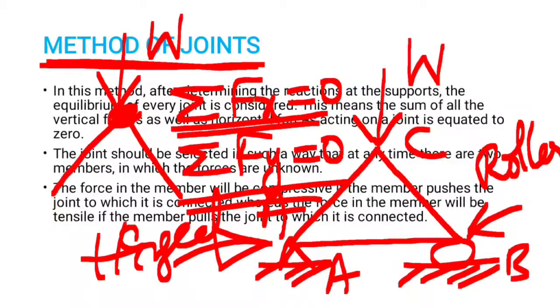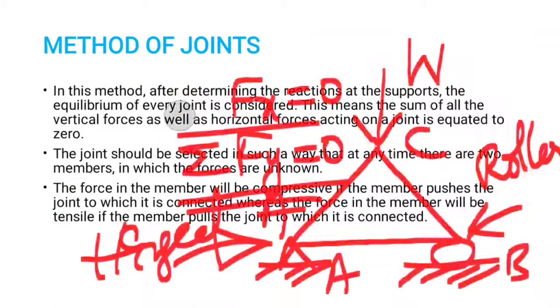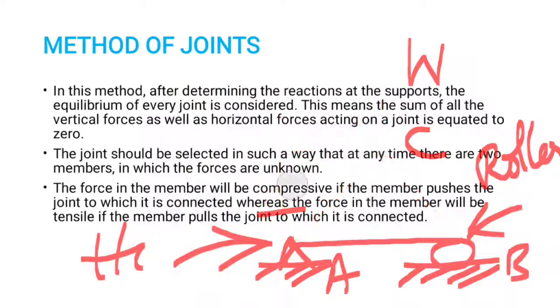By equating to 0, we calculate or determine the forces in the members. I hope the first point about the method of joints is clear.